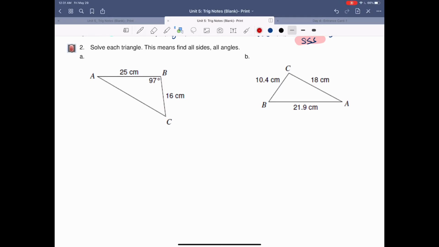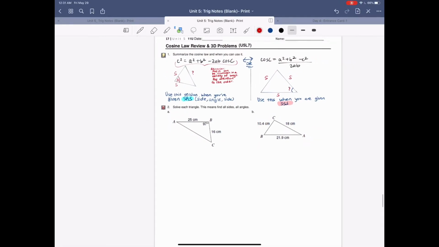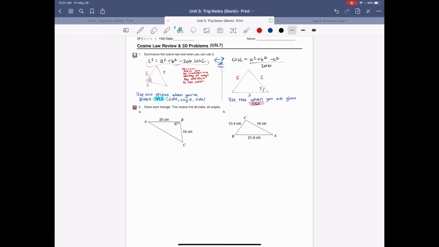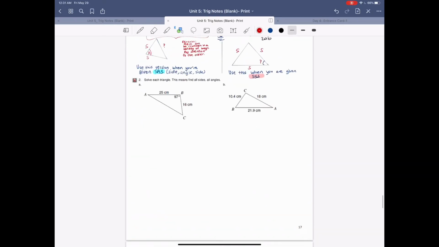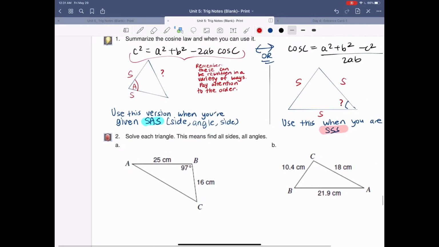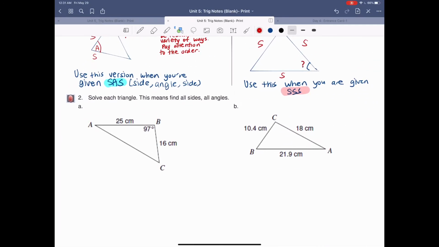So question 2, solve each triangle. This means find all sides, all angles. The thing about doing any math problem, since we're conveniently under the cosine law, we're probably going to use cosine law, but the mental check you need to do is: is this a right angle triangle? Because it's not a right angle triangle, I am not going to be able to do SOHCAHTOA. I can't do Pythagorean theorem.